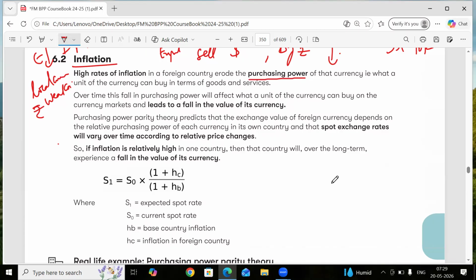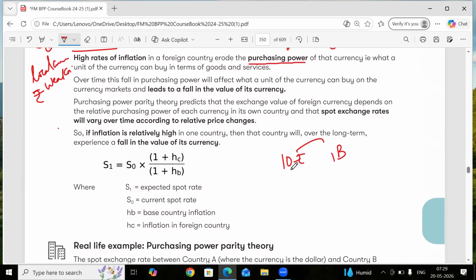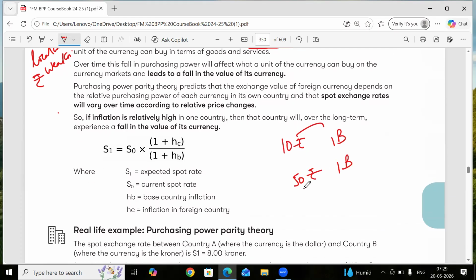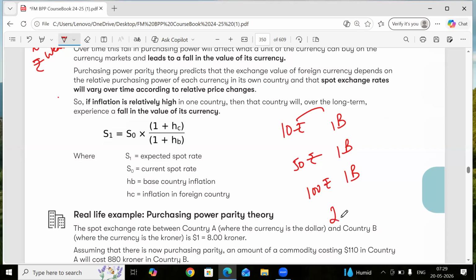With inflation, let's say today, if we want to buy a pencil or a book, I'm paying 10 rupees. After 1 year, I'm paying 50 rupees. After 3 years, I'm paying 100 rupees. After 10 years, I'm paying 200 rupees. What is happening? Due to inflation, every time the purchasing power of rupees is going down. More rupees are required to buy just 1 unit of book.